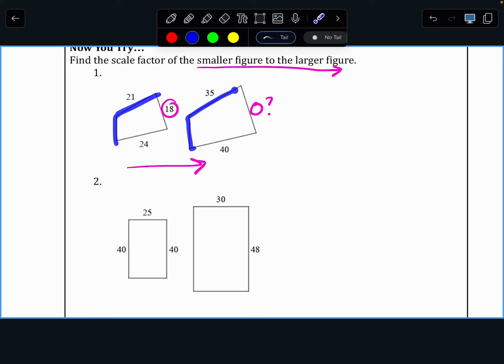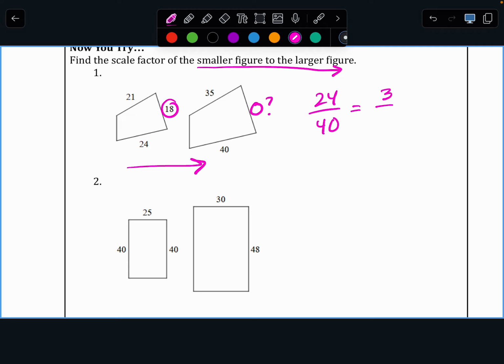So when we look at that first quadrilateral, 4 sides, can I say that 18 matches anything? Does 18 match anything? No? So I can't use 18 because there's nothing there. So these shapes look like they're oriented or situated the same way. So I'm just going to say that 24 matches 40.